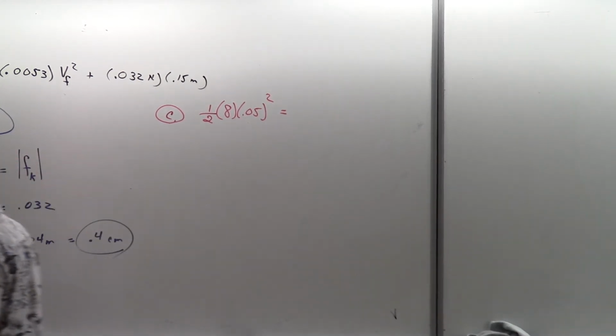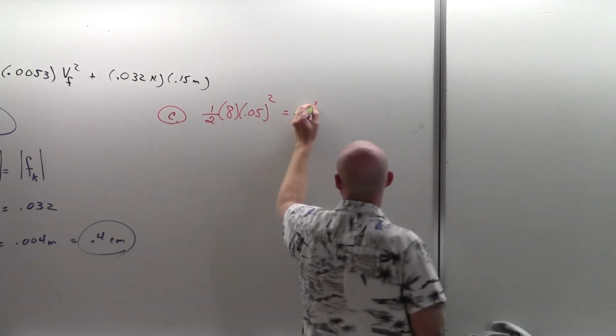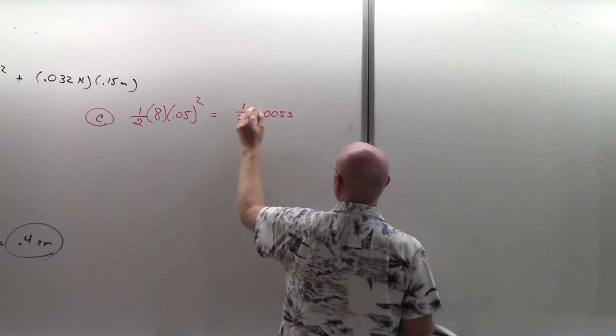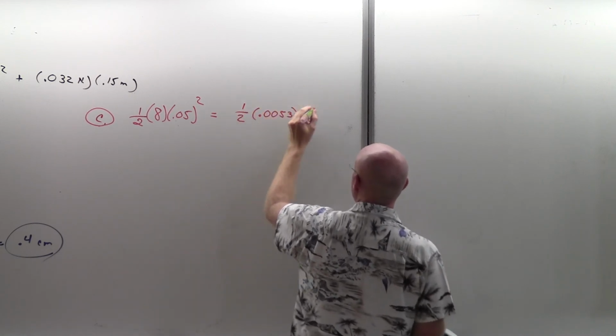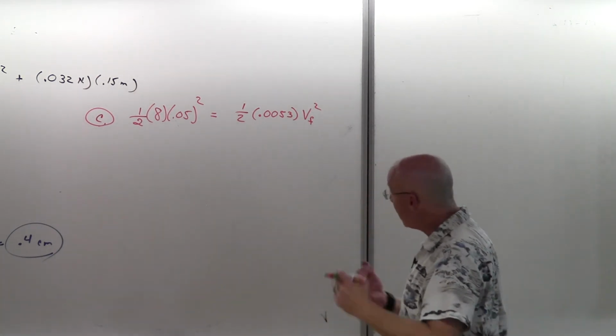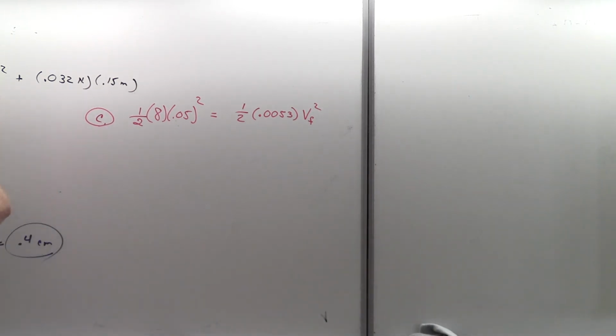And then, as it gets to this magical point where it has its highest speed, I would have the equation for the kinetic energy, which would be 1/2 times 0.0053 times V final squared. That's the same equation, if you will, but of course the number for the final speed should be a little bit bigger.